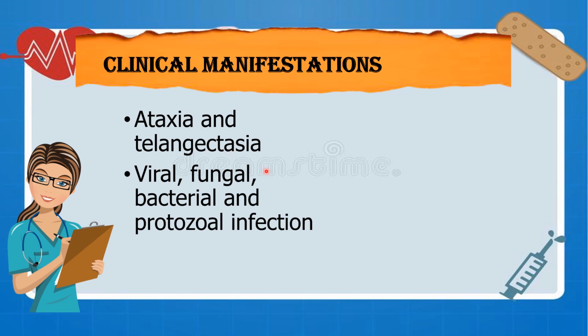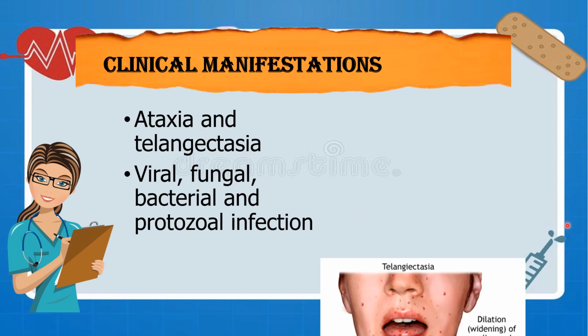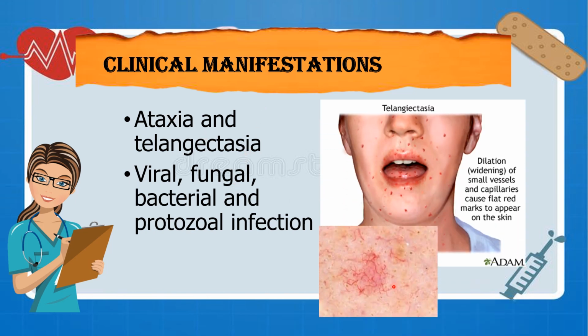Clinical manifestations include ataxia and telangiectasia. So, ataxia is a term used for a group of disorders that usually affect the coordination, balance, and speech, and any part of the body can be affected. But people with ataxia often have difficulties with balance and walking, while telangiectasia are small, widened blood vessels on the skin.